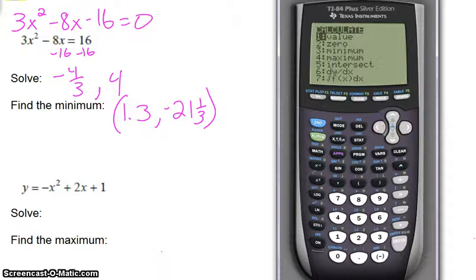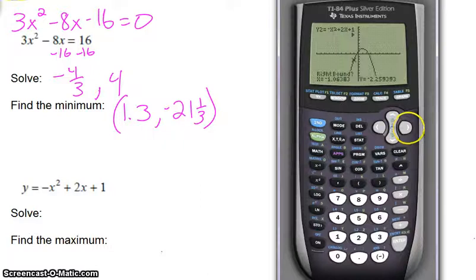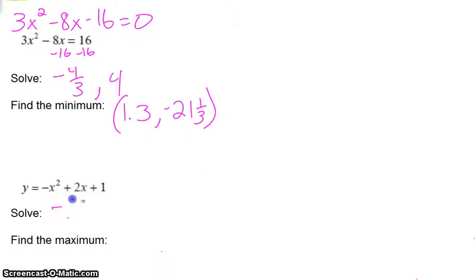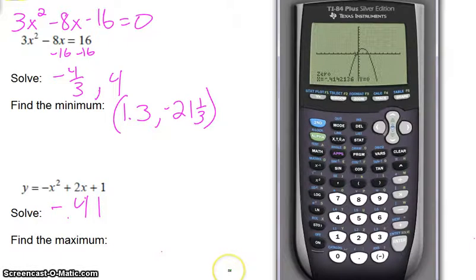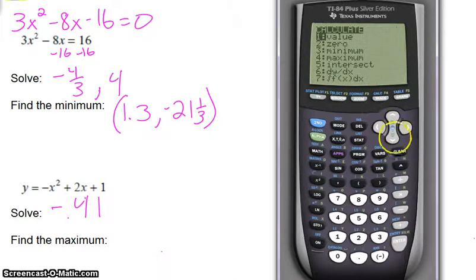Second trace, 0. I want to be to the left, which I see is negative, and I see a negative number. I want to be to the right. So I see 1, 0 is negative 0.41. My other 0, I've got to repeat my process, so second trace, 0.